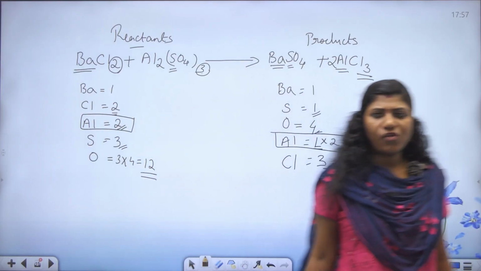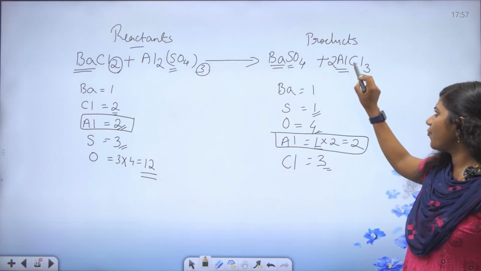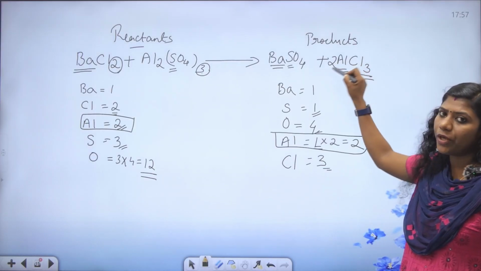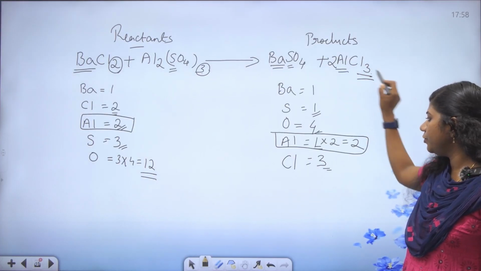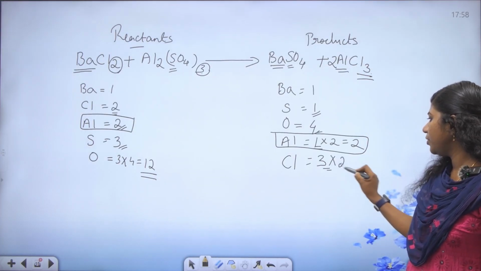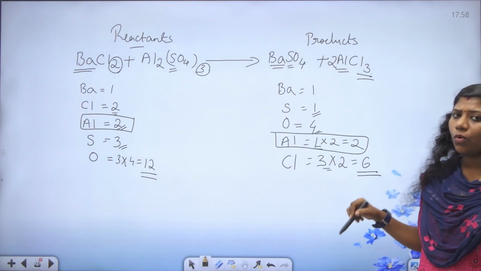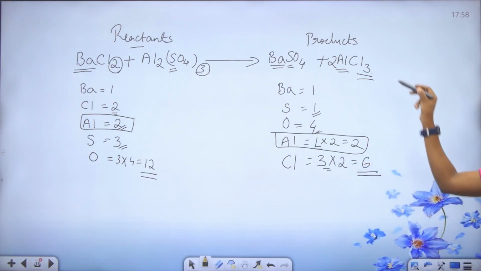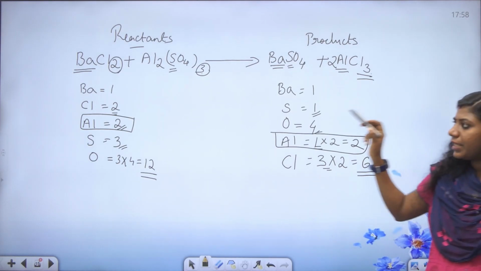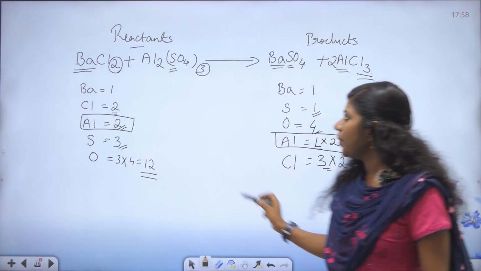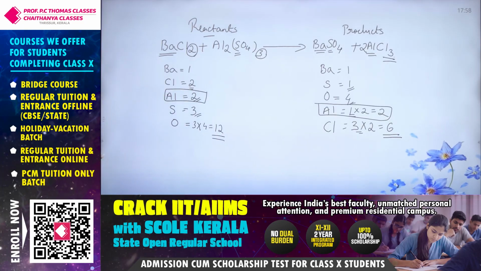So the number of chlorine atoms will change. In 2 molecules of AlCl3, the number of chlorine atoms is 2 into 3, which is 6. 2 molecules of AlCl3 contain a total of 6 chlorine atoms. But on the reactant side, BaCl2 has only 2 chlorine atoms.